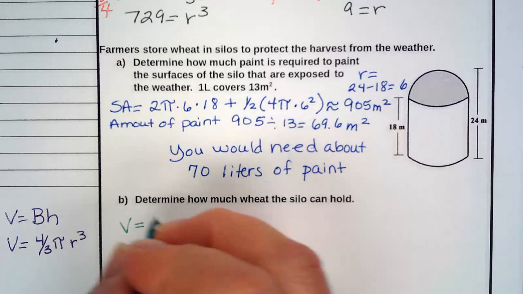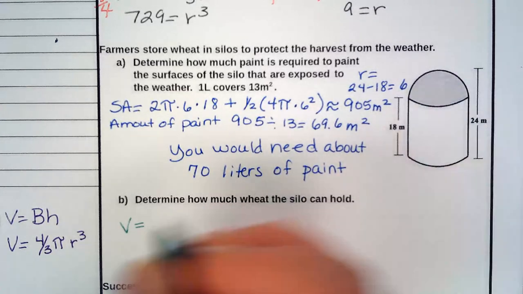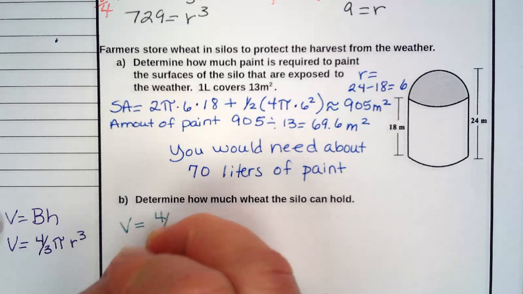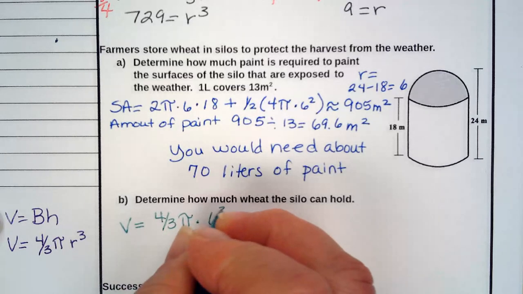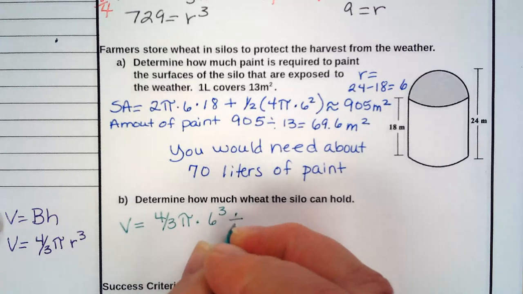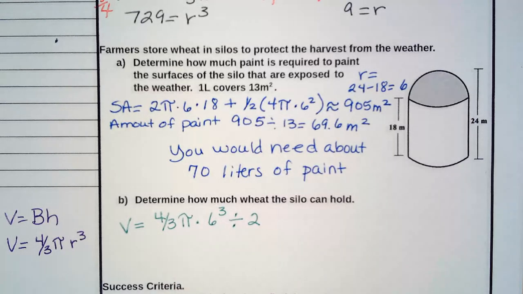for the half the sphere, 4/3 pi times 6 to the third power divided by 2, because we only need half of it.